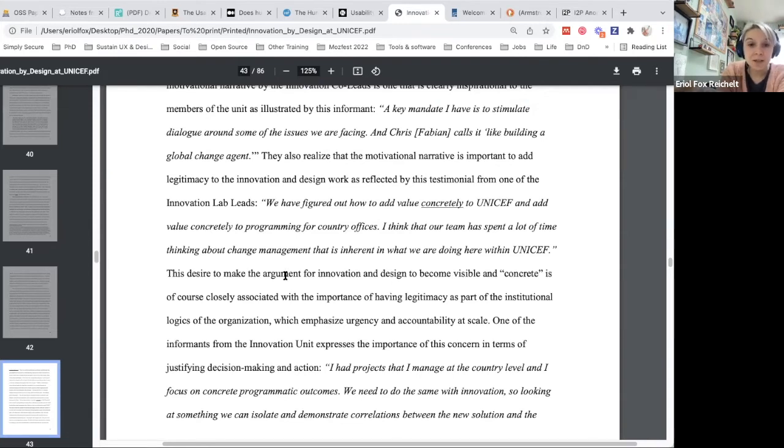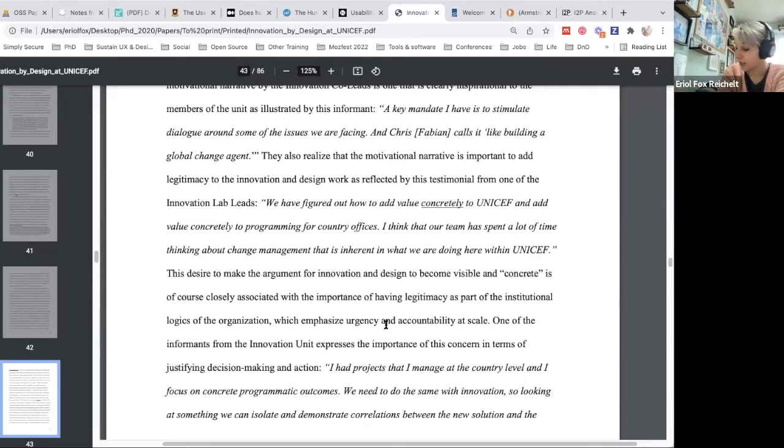So the desire to make the argument for innovation and design to become visible and concrete is, of course, closely associated with the importance of having legitimacy as part of the institutional logics of the organization, which emphasize urgency and accountability at scale. One of the informants from the innovation unit expressed the importance of this concern in terms of justifying decision-making and action. Then it goes on about quite concrete outcomes and things like that.